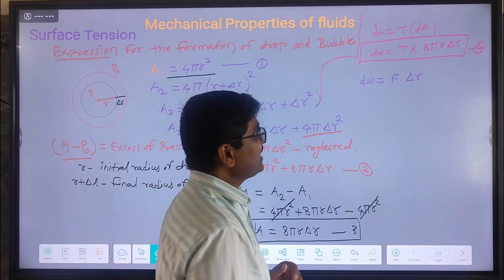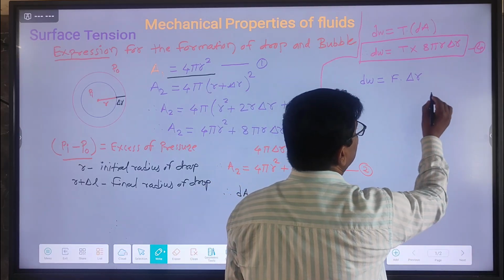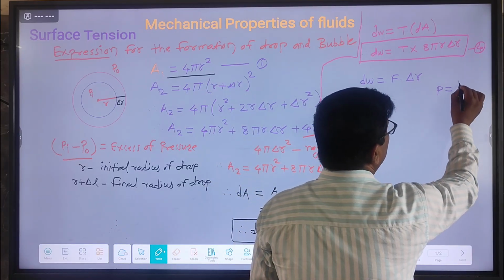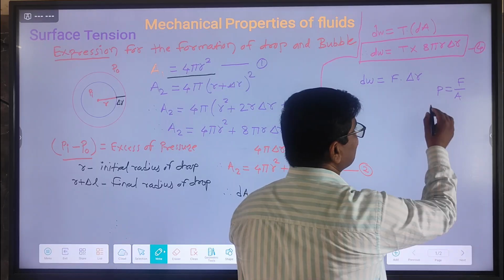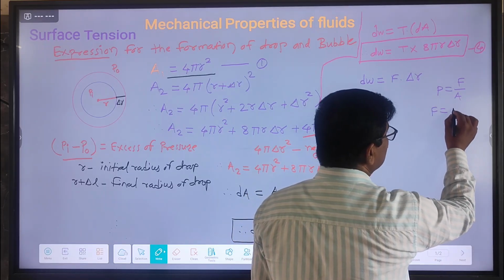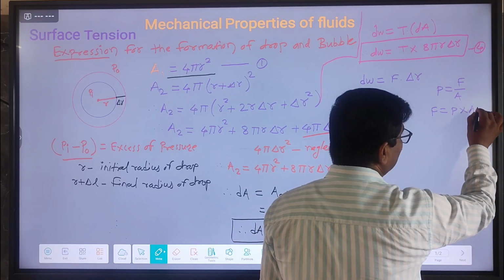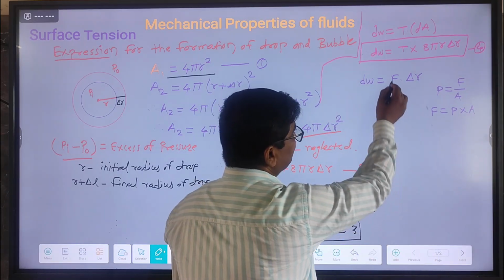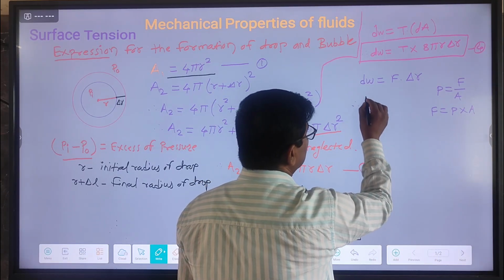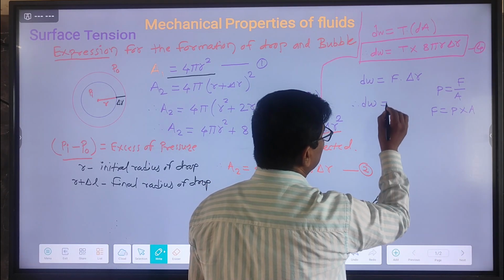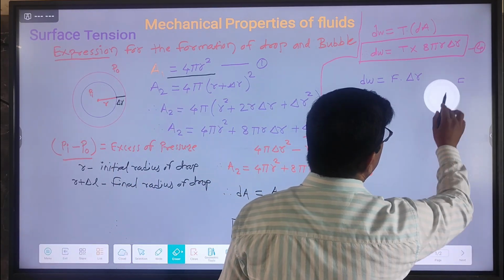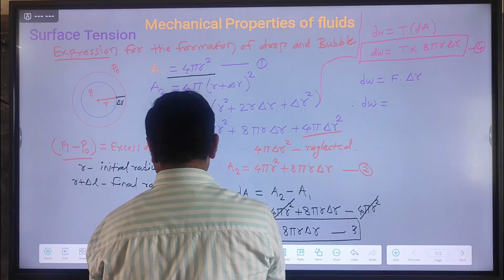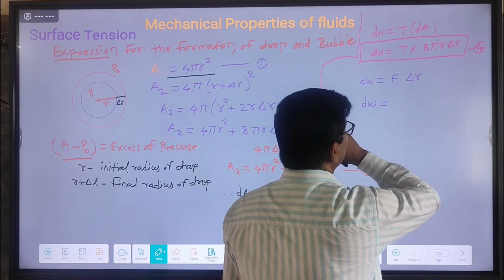As per the definition of pressure, pressure is equal to normal force per unit area. So what is the value of force? Force is equal to pressure into area. Therefore dW is equal to this force.